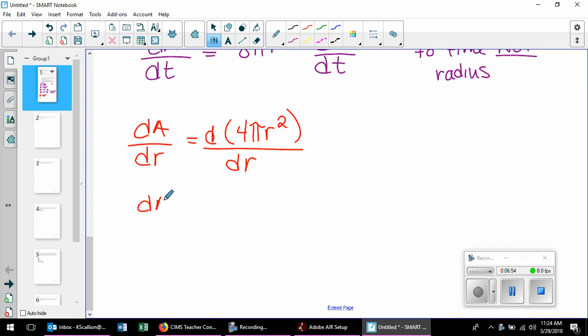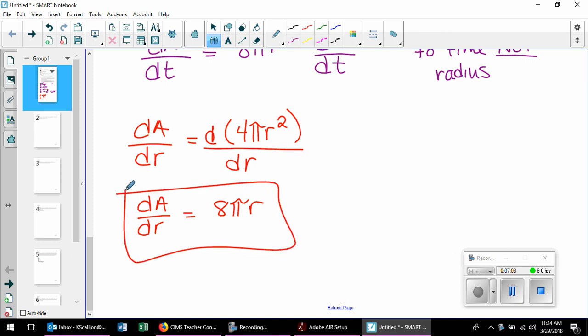So that would be dA over dr equals 8 pi r, right? This is what we've done all the way along. You can do this in your sleep. Now I'm making you do it in relation to time.